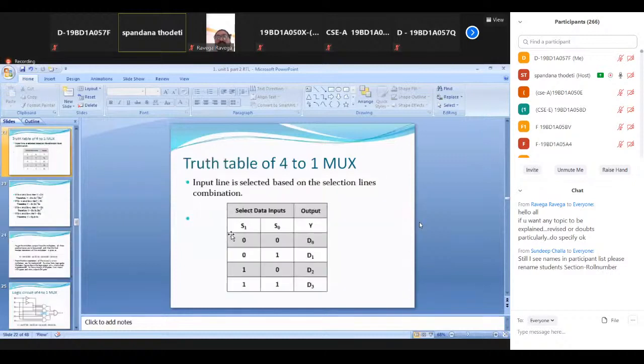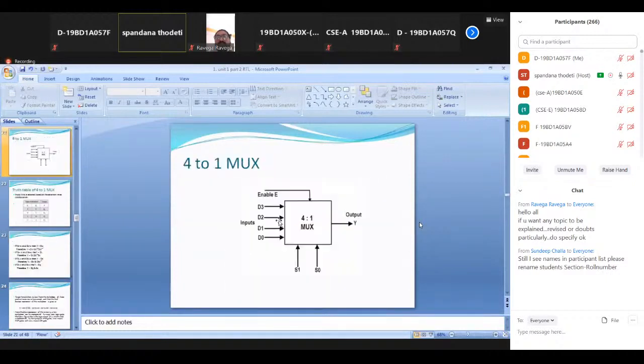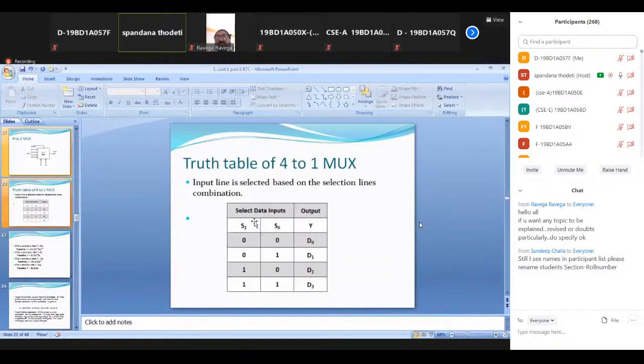If it is a 4x1 multiplexer, the number of input lines is 4. So you have two selection lines. Based on the combination of values of S1 and S0, the selection lines, one input line is selected as the output. If you just see the truth table, what is the corresponding decimal value for 0, 0?